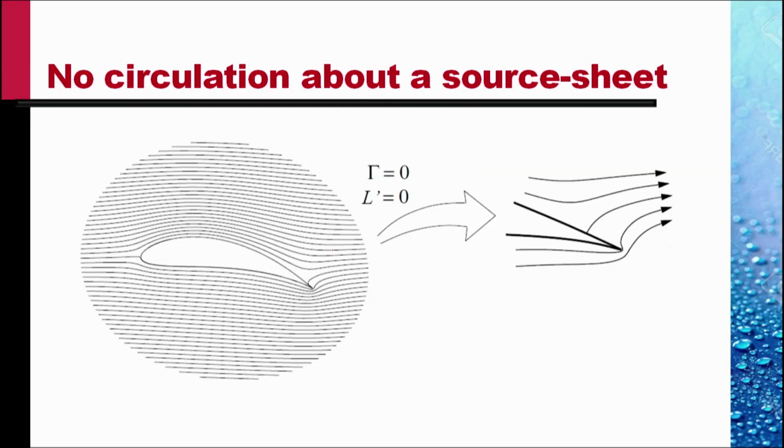There is no circulation about a source sheet we have calculated earlier. And so if we calculate the circulation in the flow that we obtain, we will find that circulation is 0, and the lift per unit length of the airfoil obtained would be 0, whatever be the angle of attack. So this method cannot predict the lift by itself.